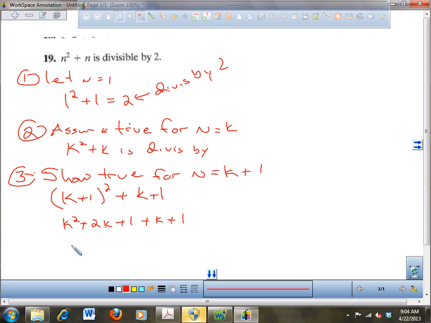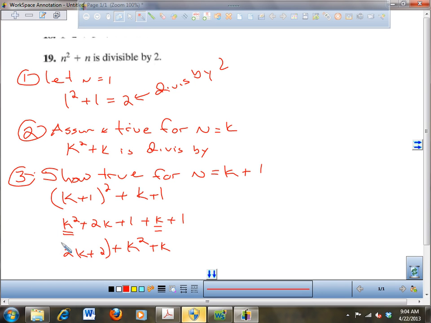I'm going to group k squared and k together and rewrite this as k squared plus k plus, how many k's do I have left over? 2 k's, and plus 2. So I have 2k plus 2.